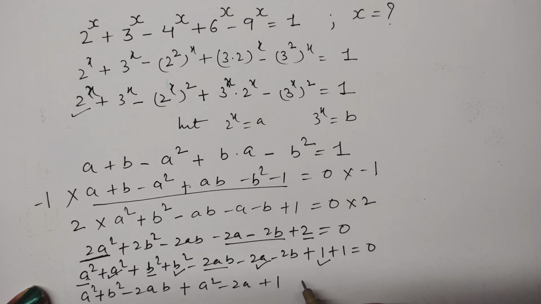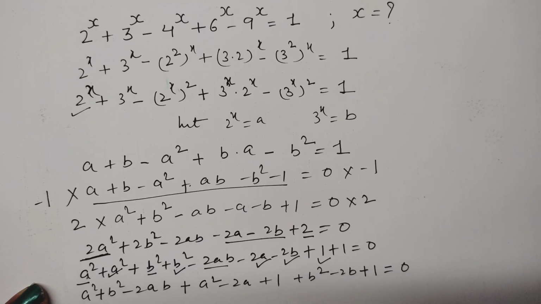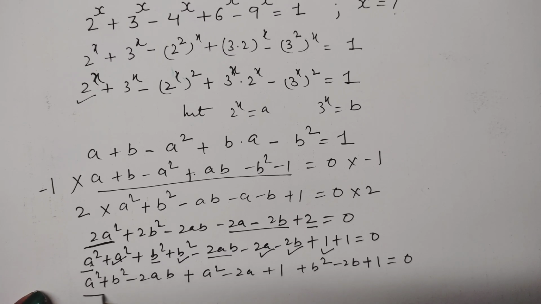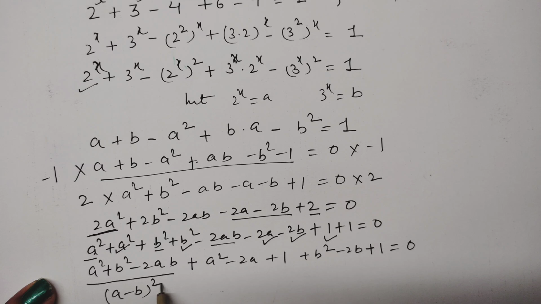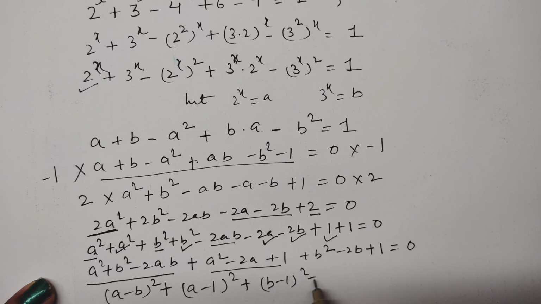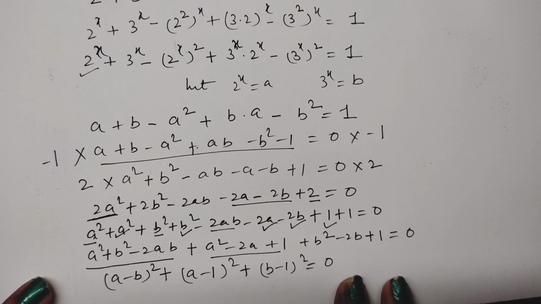After that, this b square and this minus 2b, and the last one plus 1. Now see carefully: this will make the identity a minus b whole square, and this will make a minus 1 whole square, and b minus 1 whole square is equal to 0.